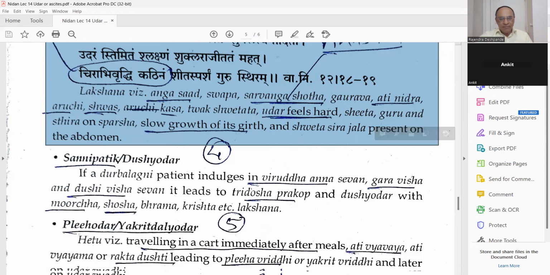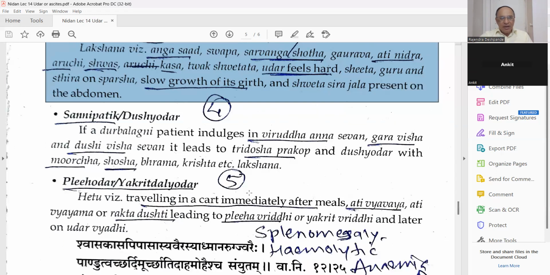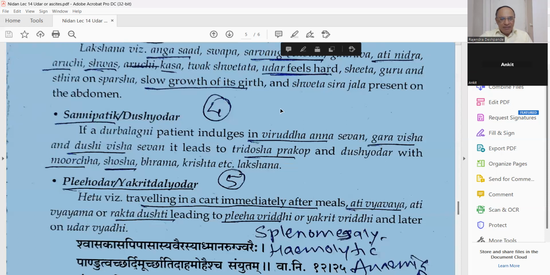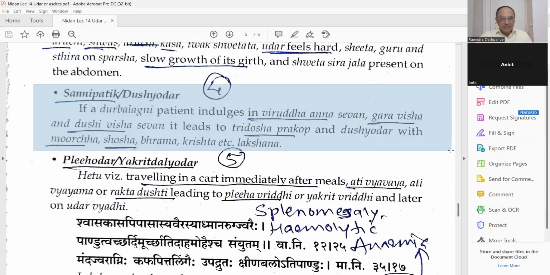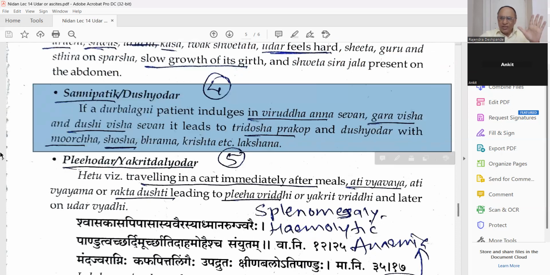Fourth type, that is Sannipatika. Don't worry, be happy. All the three doshas are disturbed. There is a problem with Viruddha Anna Sevan, incompatible foodstuff. Mixing banana water, banana milk, fruits and milk shakes.